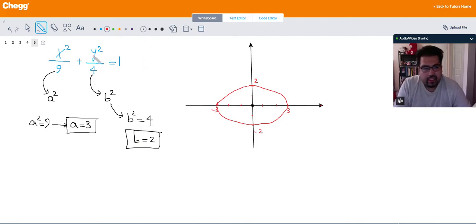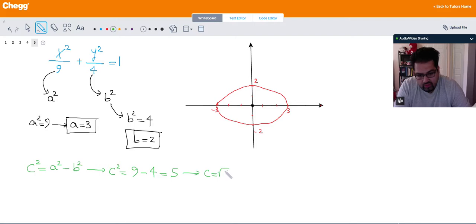Now let's find the position of the foci. We know that c squared is equal to a squared minus b squared. So c squared is equal to 9 minus 4, which is 5. So c is going to be root 5. As I mentioned, the foci are located on the major axis, which is the horizontal one here.